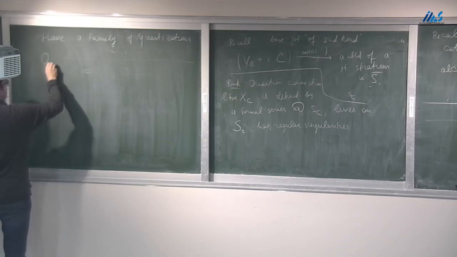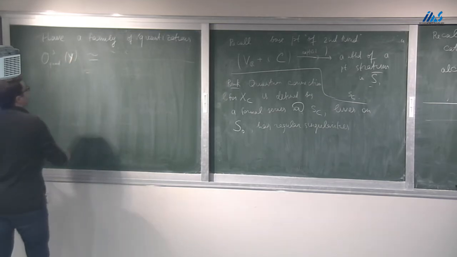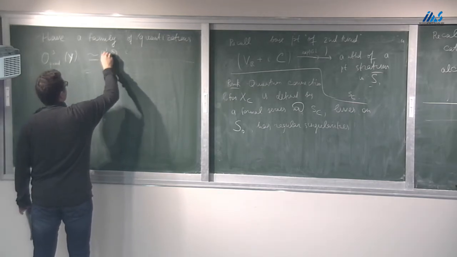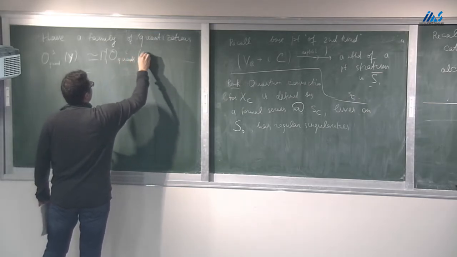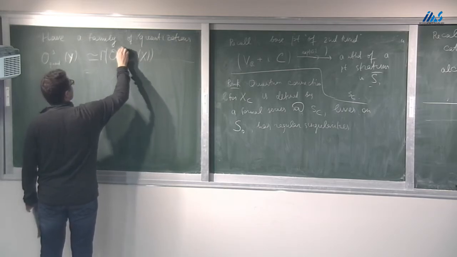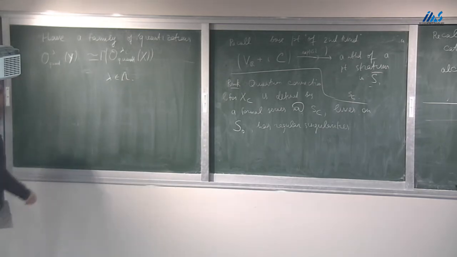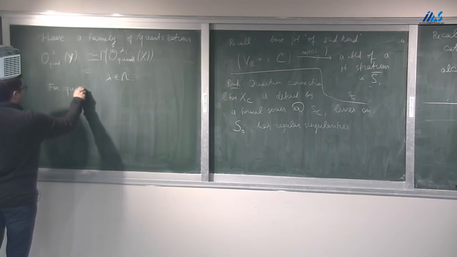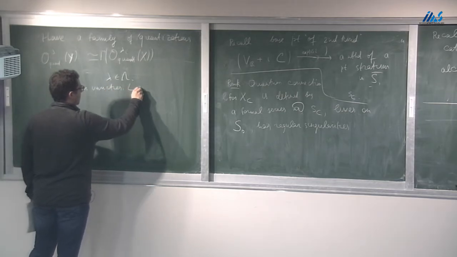So O quantum lambda of Y, and under some conditions that Ivan explained, it's all global sections of O quantum of X, with lambda in lambda. And again, for quiver varieties, this is O sub stock.